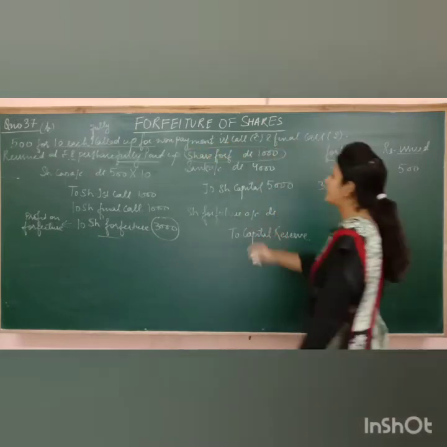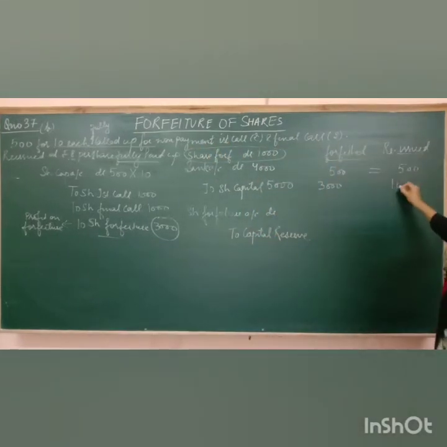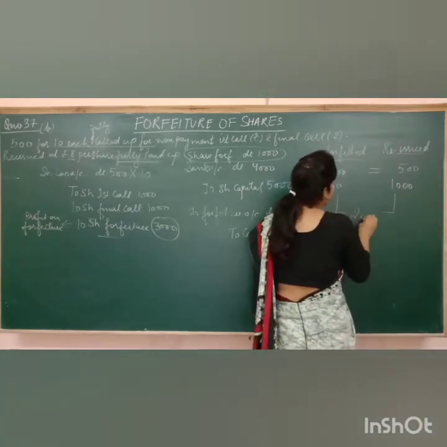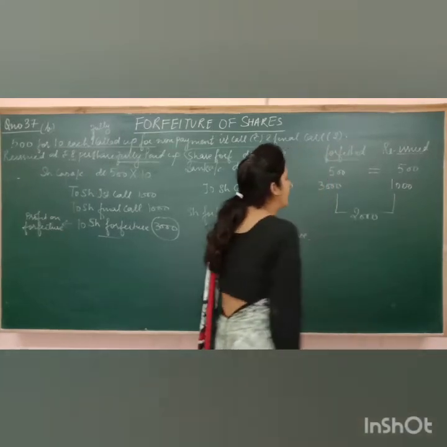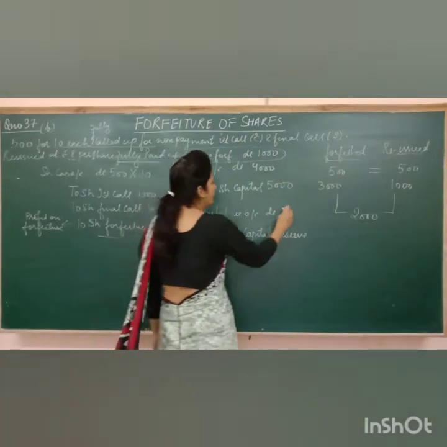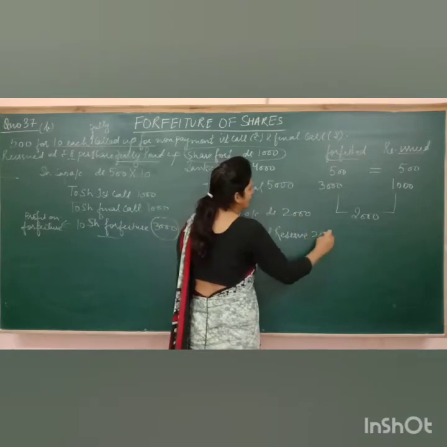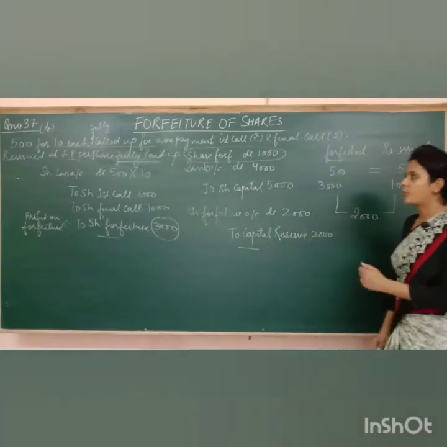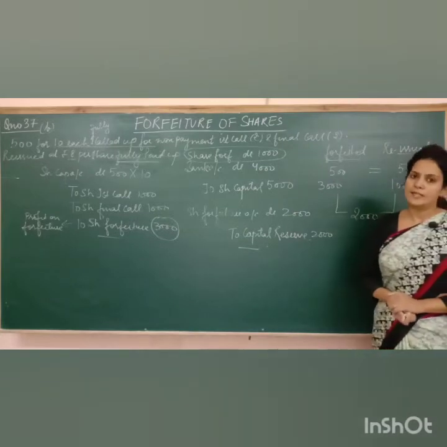This amount indicates the loss on reissue. So how much net amount is left with you? Net profit on forfeiture is 2000, which is equal to 3000 minus 1000. So 2000 will be transferred to capital reserve. I hope this point is clear. Now move to the next topic.